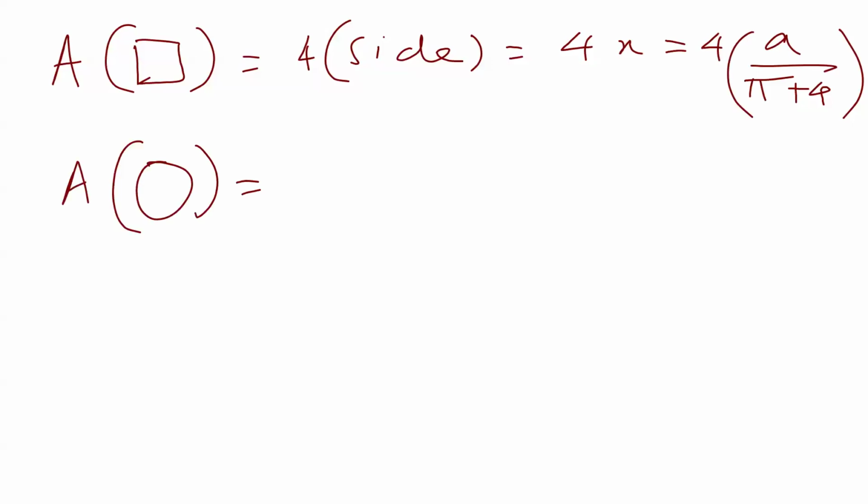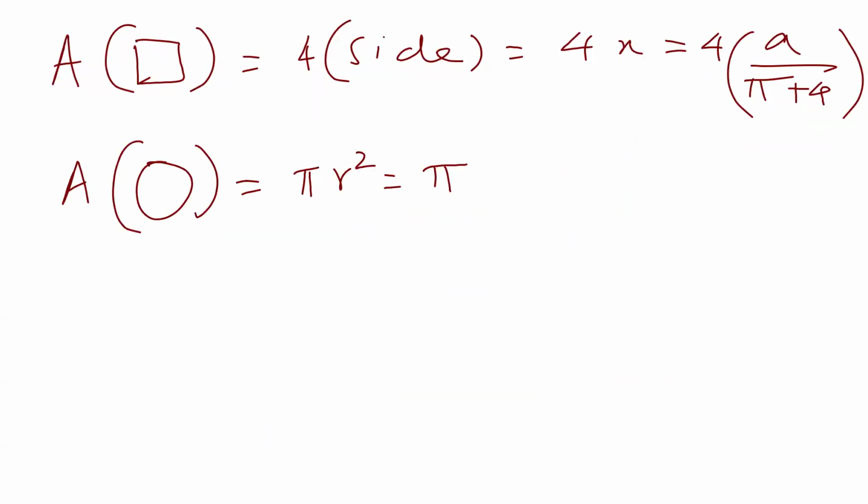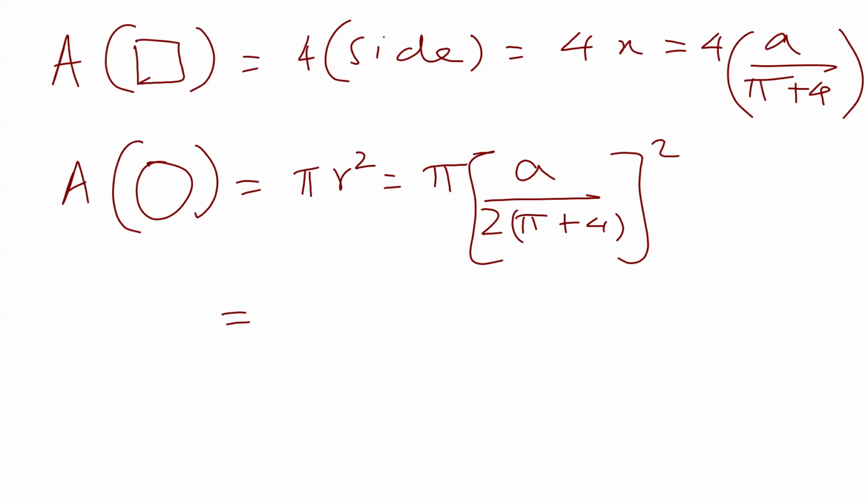Area of circle, pi r square, r is a upon 2 (pi plus 4), the whole square. So this is going to be a square pi over 4 (pi plus 4) the whole square.